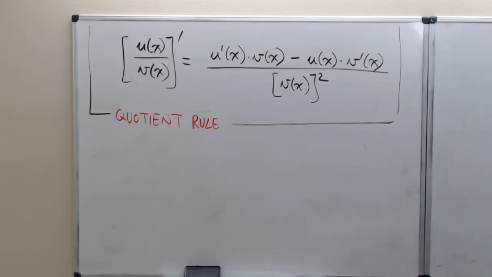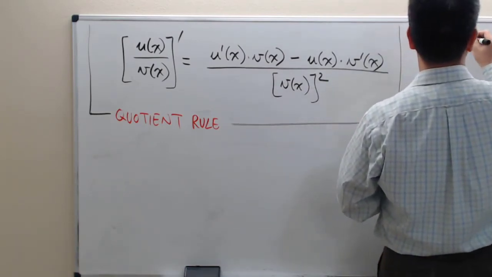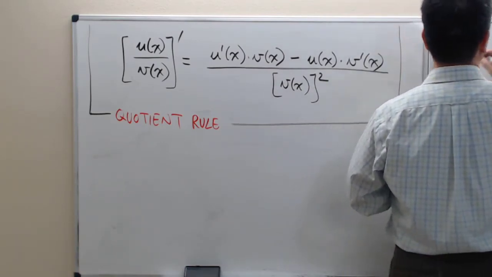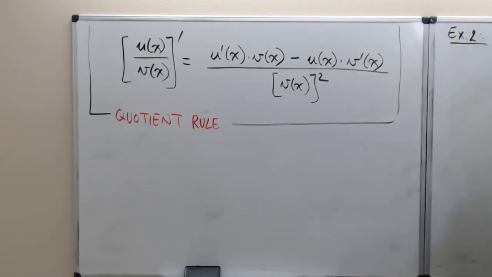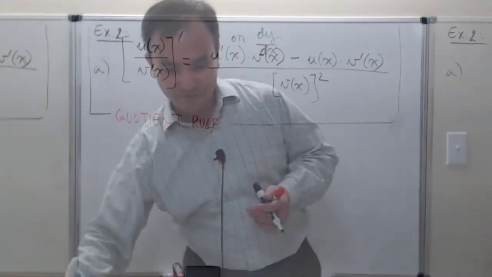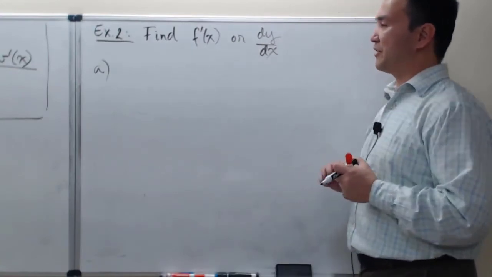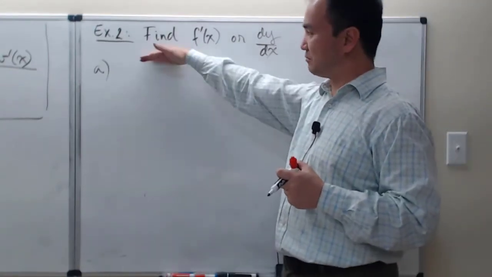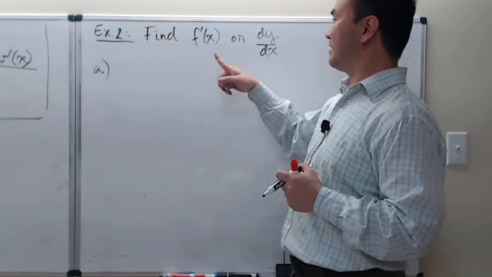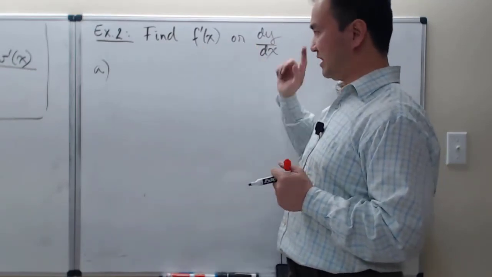And so now into this example 2 right here. Let's find the derivative, find f prime of x or dy dx, in problem A. Sorry for that, I forgot to switch the board, but this is our example 2, and we are finding f prime or dy dx.